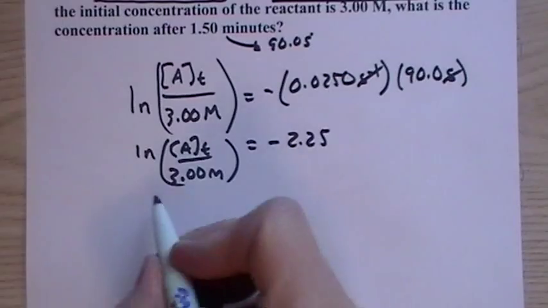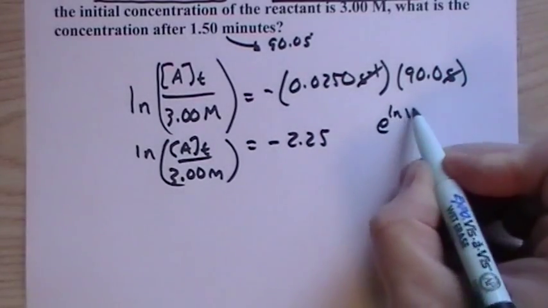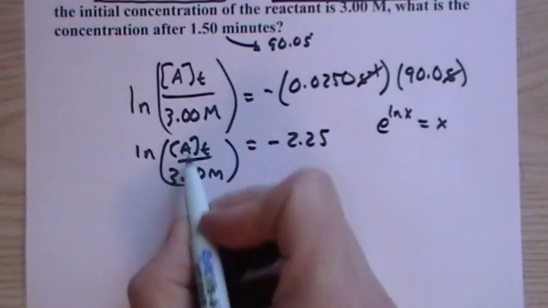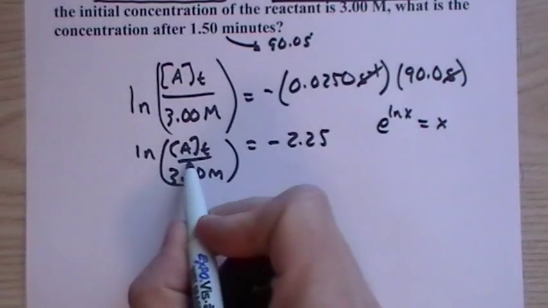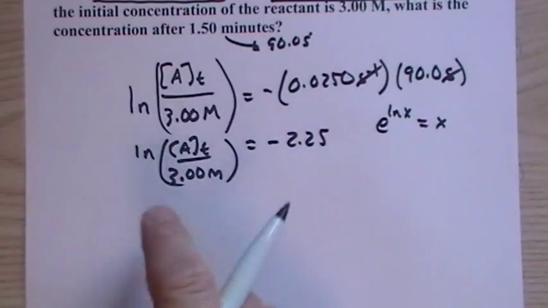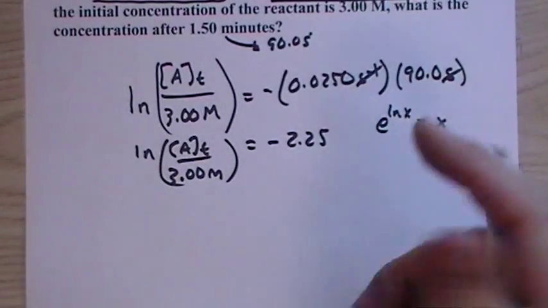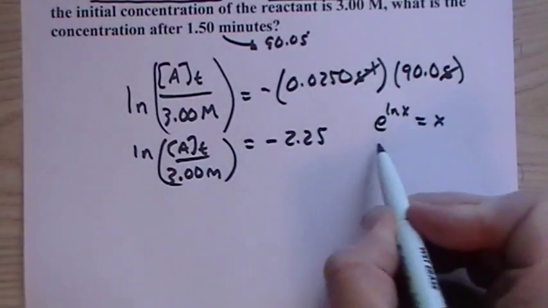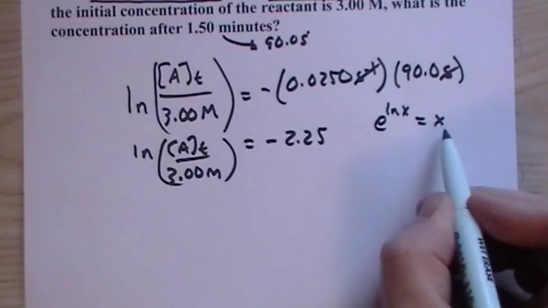And what we do then is e to the natural log of x is x. If these were two numbers, we would just take the natural log, but we have a variable in here. We have to get rid of the natural log. You can't just cancel natural logs. We have to operate on each side, so e to the natural log of x gives us x.